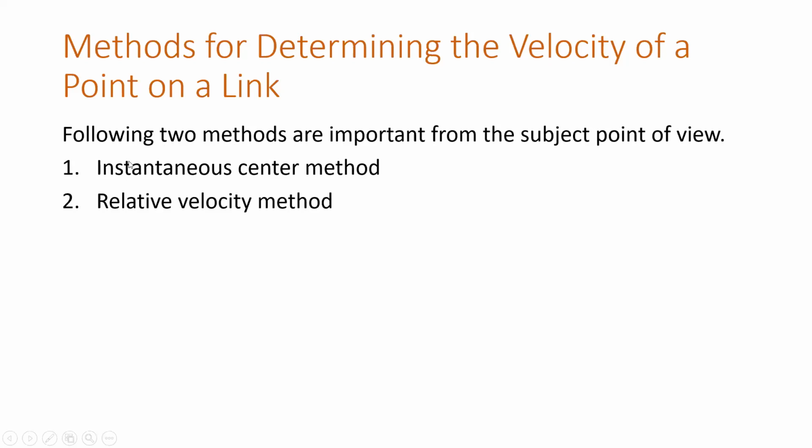First is instantaneous center method, and second is relative velocity method. So in exam, the problem may be asked on any of these two methods. It is specified in the problem which method you need to follow for the solution of the problem. So first we will discuss the instantaneous center method.